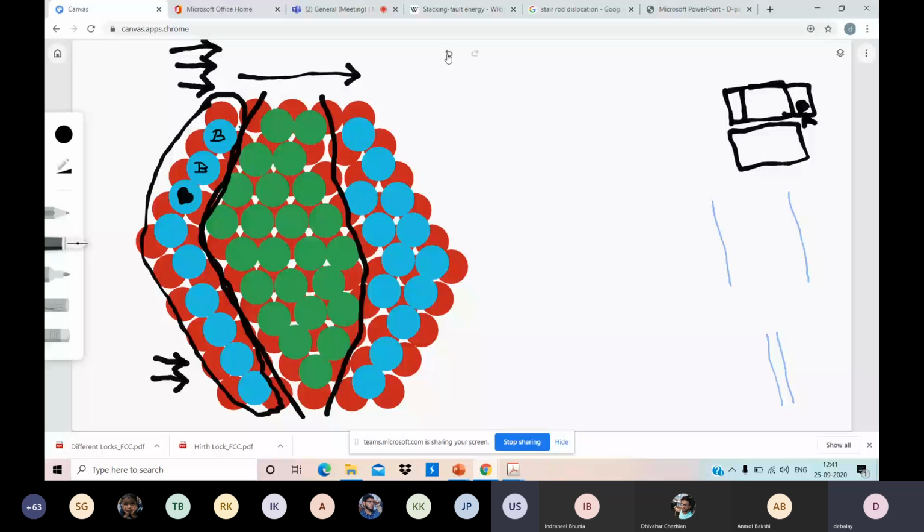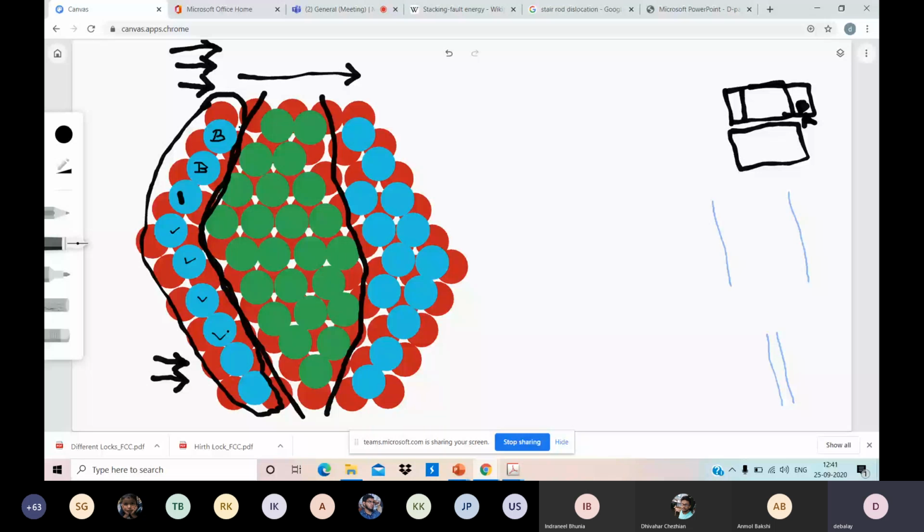So I will call it the slipped region, completely slipped region. These atoms are back in B position. They went to some C position and then back in B position.